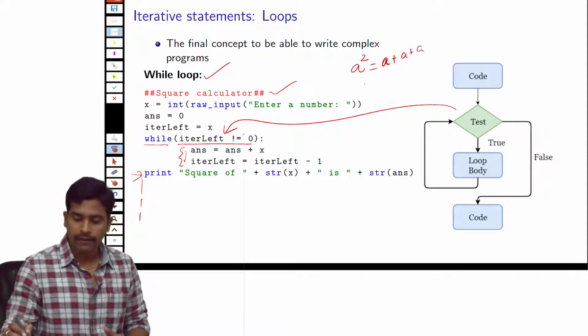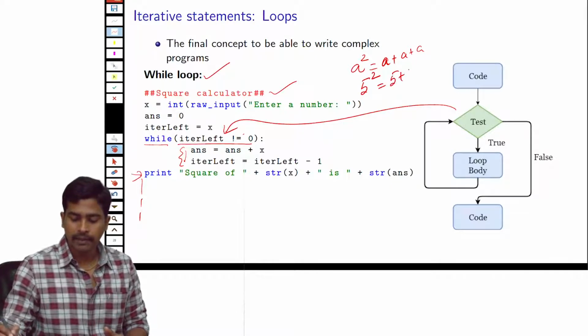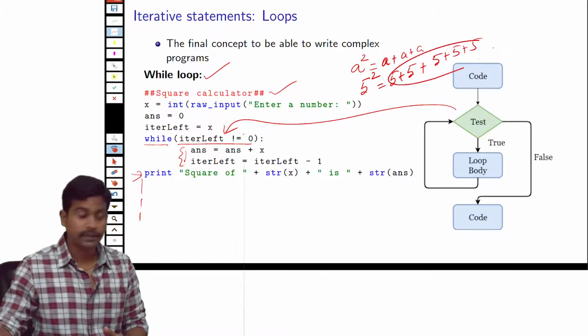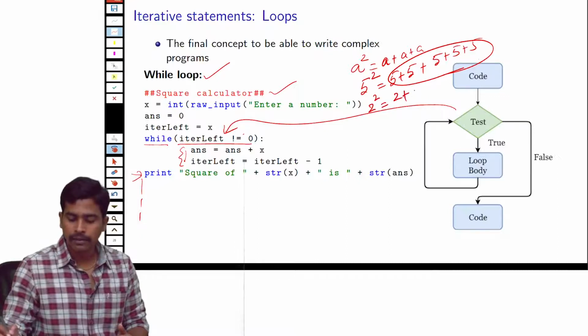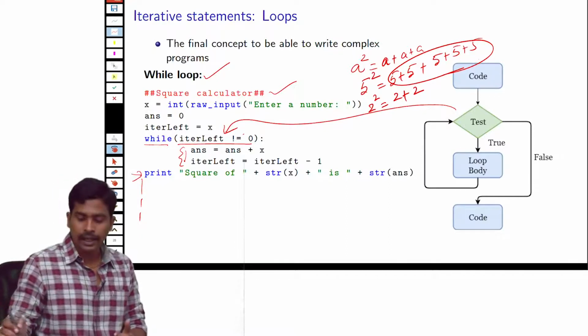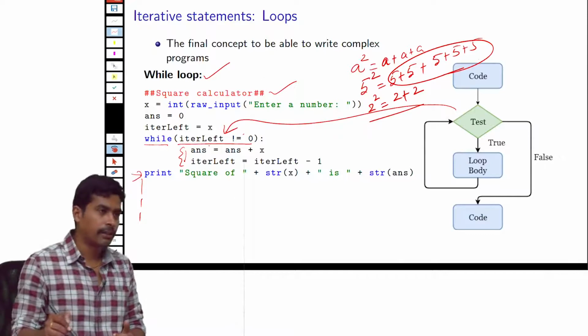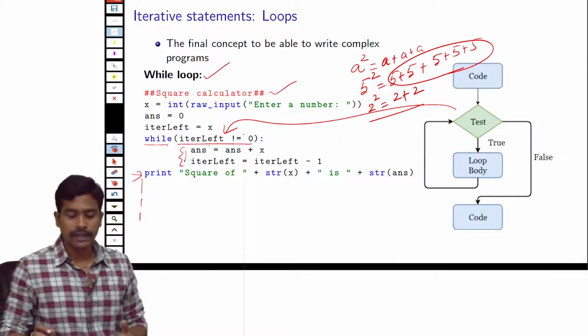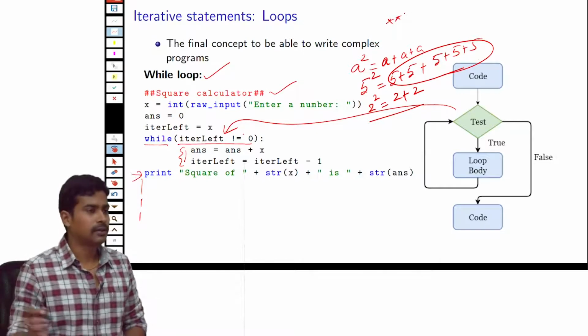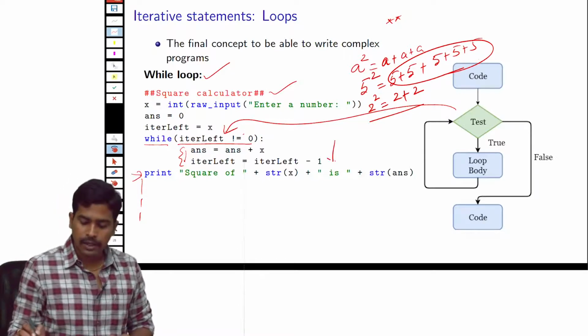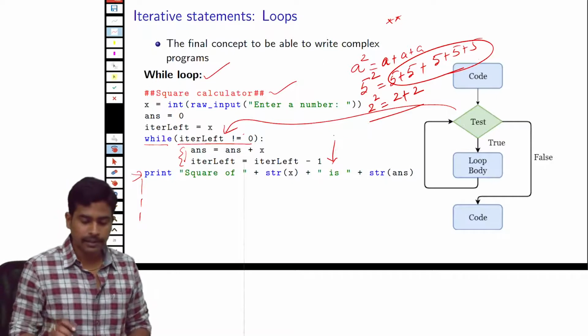For example, 5 square can be calculated by adding 5 five times. Similarly, you can calculate 2 square by adding 2 two times, right? So this is the algorithm I use to calculate the square of a number. As I have said before, you can also use this double star operation. But just to demonstrate how to do a while loop, I have written this program.